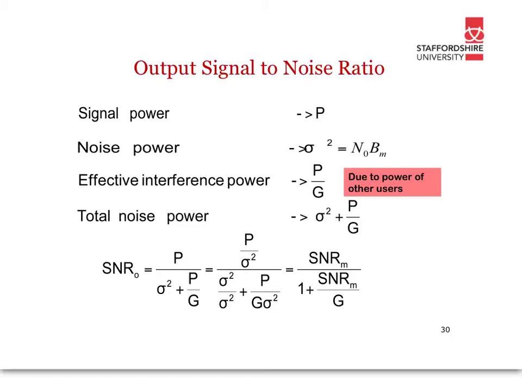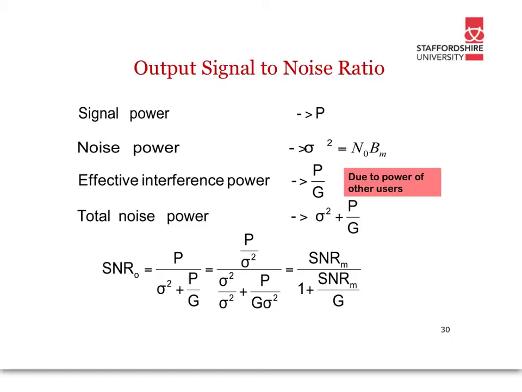Then the effective interference power is given by P divided by the gain, or the spreading gain, which is also equal to the chip rate. The chip rate is essentially how many bits in the spreading code we have compared to one data bit. The total noise power is therefore the variance, sigma squared, plus P over G.